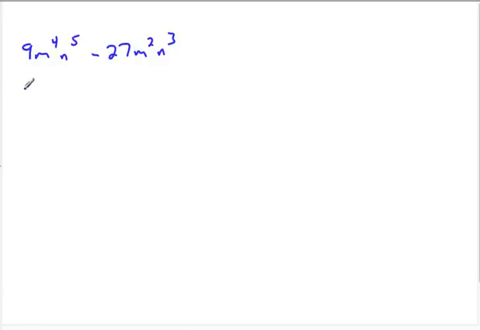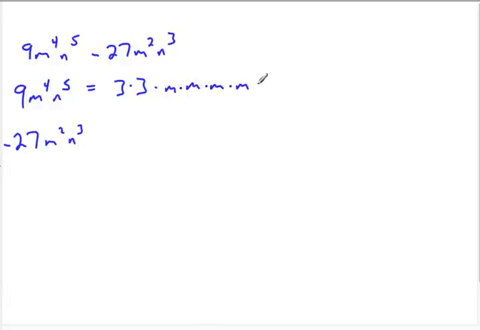Before we finish, I'm going to find the greatest common factor of these two things. We have -27m squared n cubed. So this is going to be a 3, 3, 3, 2 m's, and 3 n's.